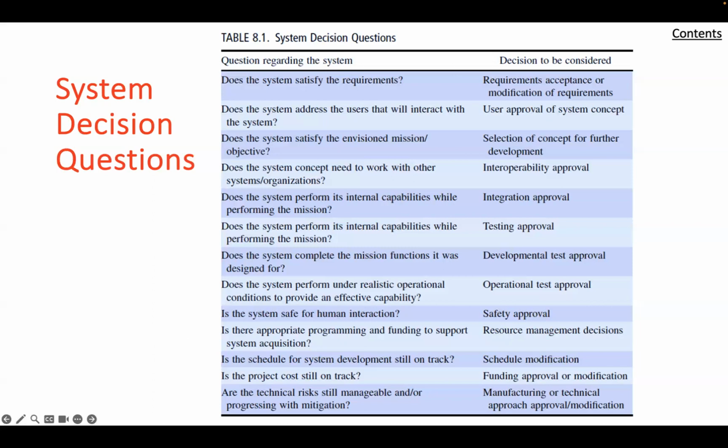The Department of Defense uses a series of acquisition milestones, MS, to evaluate system development progress, which are summarized briefly. Milestone A decision decides whether or not to invest in the technology maturation and preliminary design of a system concept.